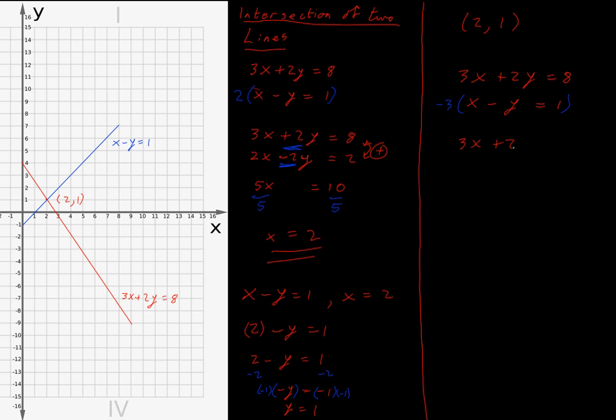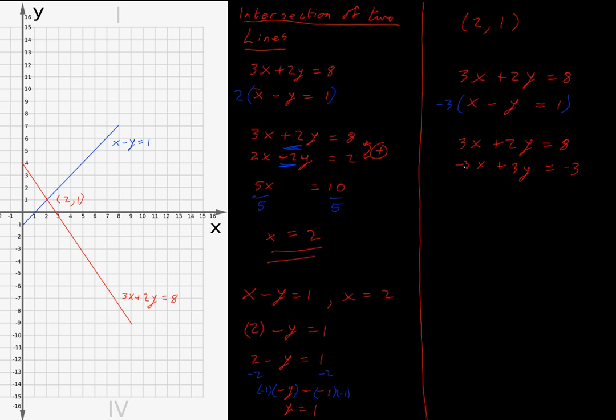My top equation would be unchanged. My bottom equation would be minus 3x plus 3y is equal to minus 3 by 1, which is minus 3.